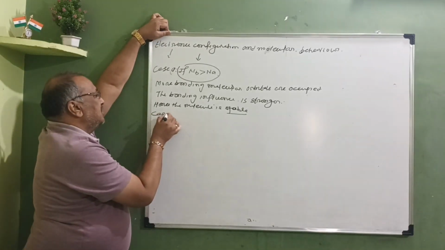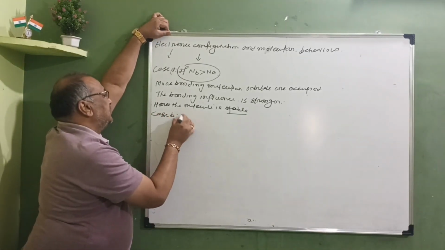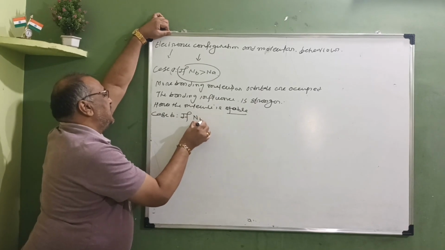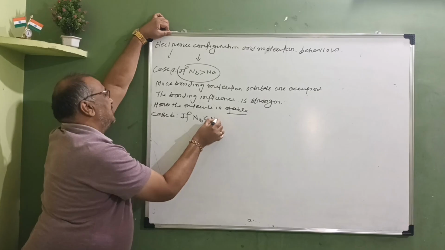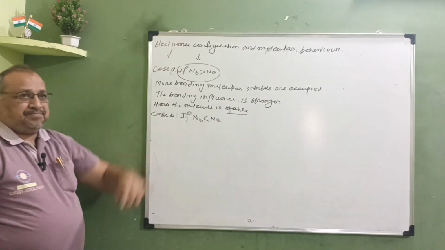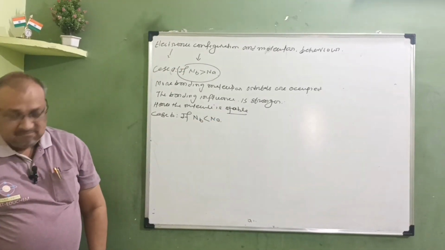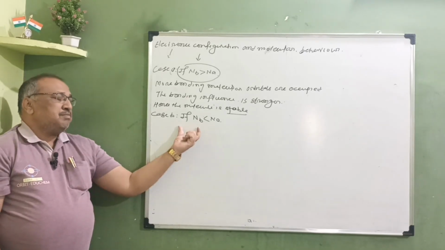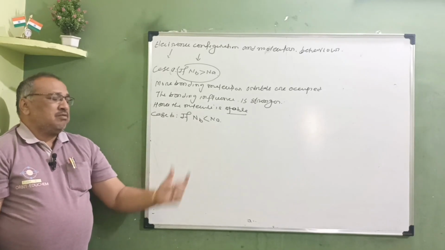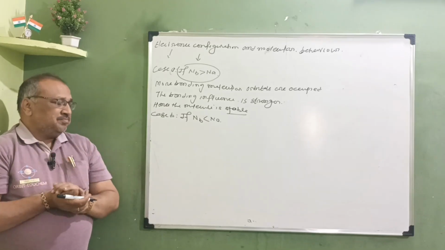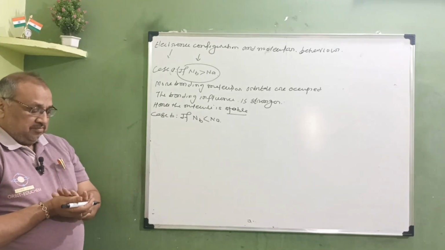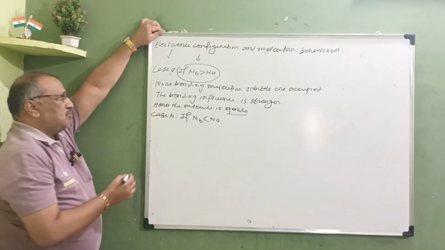Case B, if Nb is less than Na, that means the number of electrons in bonding molecular orbitals is less than the number of electrons in anti-bonding molecular orbitals.